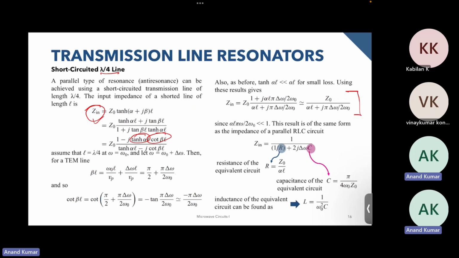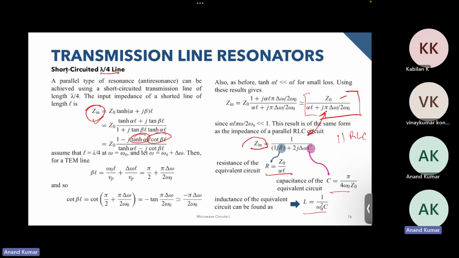Upon simplifying, we get the Z input as this term over here. This term is similar to Z input for a parallel RLC circuit. Once we see this similarity, we equate them to get the resistance, capacitance, and inductance for the transmission line resonator circuit for the short circuited lambda by 4 line.